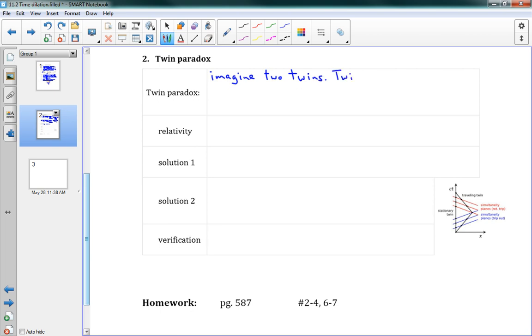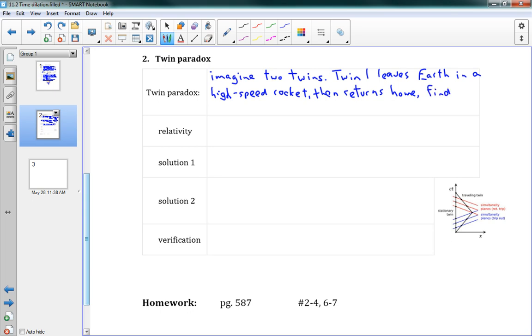Twin 1 leaves Earth in a high-speed rocket, then returns home, and what does he find when he returns home?